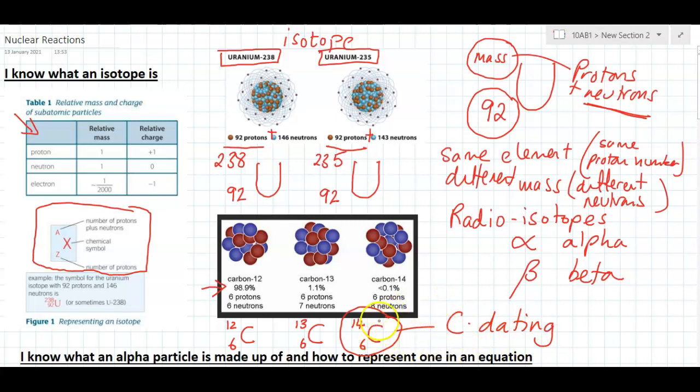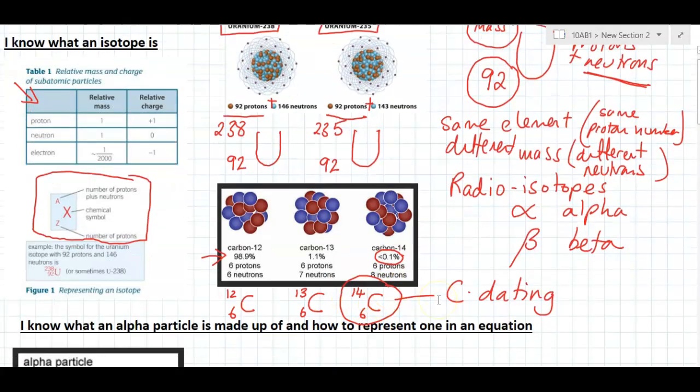We can work out how old something is, if it contains carbon, by looking at how much carbon 14 is present. Okay, we know that 0.1% of the carbon in something is carbon 14, but this stuff breaks down. So the smaller and smaller the proportion of carbon which is carbon 14 in an object, like a Roman sandal or something that you've dug up, the older it is.